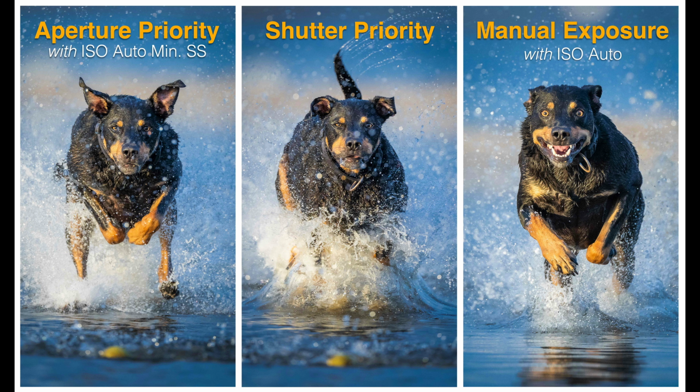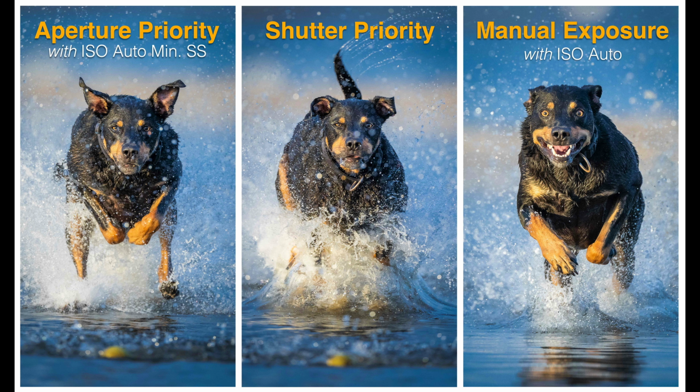Okay, so here I'm looking at those 3 shoot modes. Shutter priority, which is often considered the standard for shooting sports because shutter speed is your priority. But I've always favored the aperture priority with ISO auto minimum shutter speed. So there are slight differences here. The aperture priority with ISO auto minimum shutter speed does protect exposure. If it can't quite hit that shutter speed because the ISO is already maxed out, then it will start to slow the shutter speed down so we get an appropriate exposure.